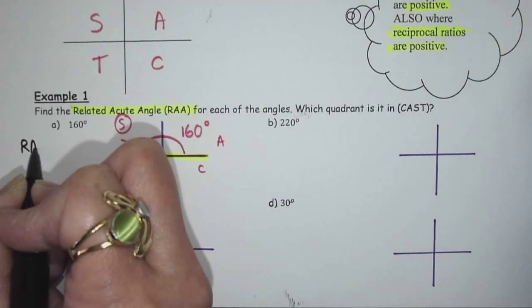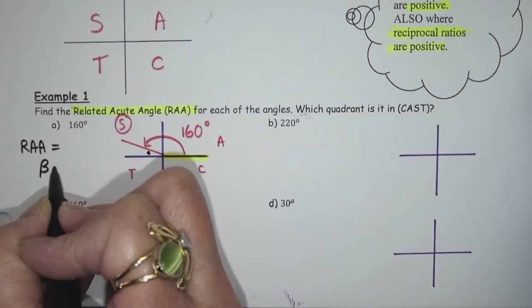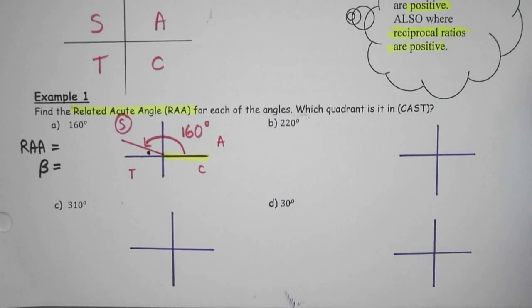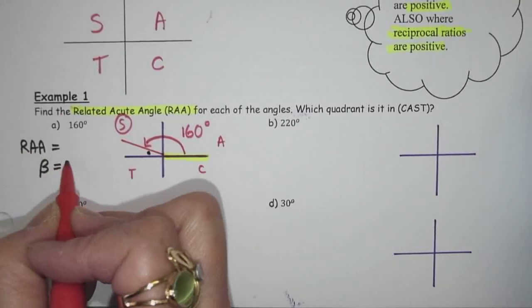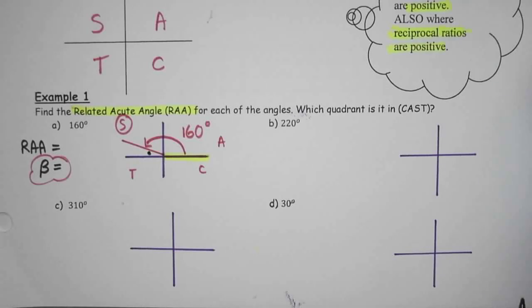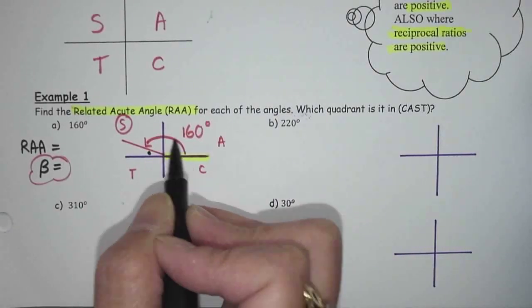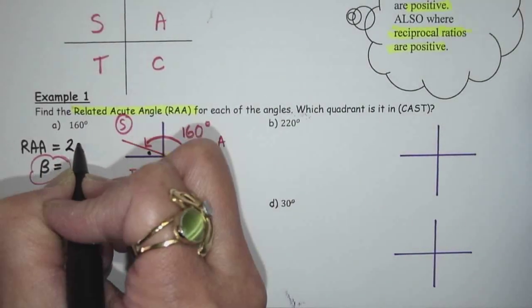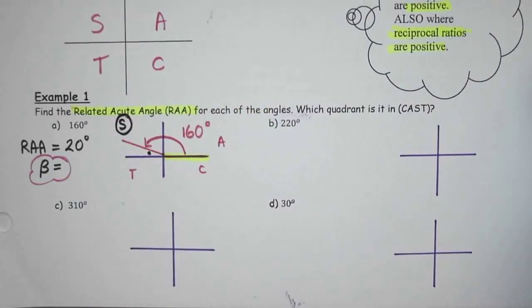You can call it RAA, my related acute angle, and then later on I'll be calling it beta. When we get to the equations, we'll call it beta as well. You'll see some teachers use beta. So my related acute angle, this little guy here, if we know that's 160, is 20 degrees, right? And we're in the S quadrant. We're good. Done. So that's my first step for some of the stuff we're going to be answering later.